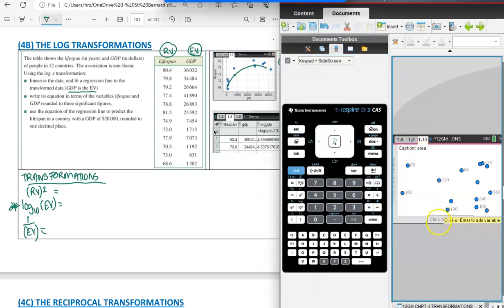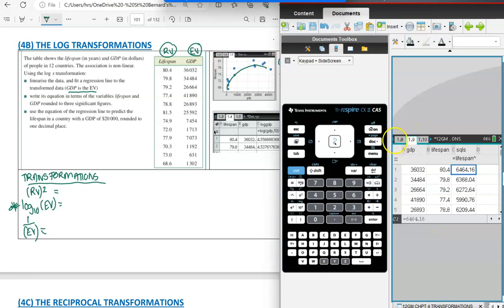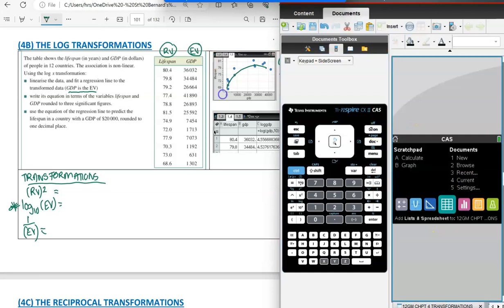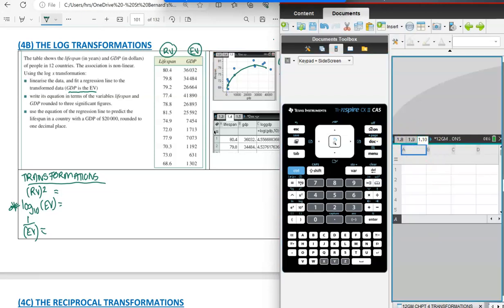Let's go back to your data. So we've got GDP and lifespan. Now, I want to log the EV. So I'm going to call it log of GDP, because that's what the EV is.